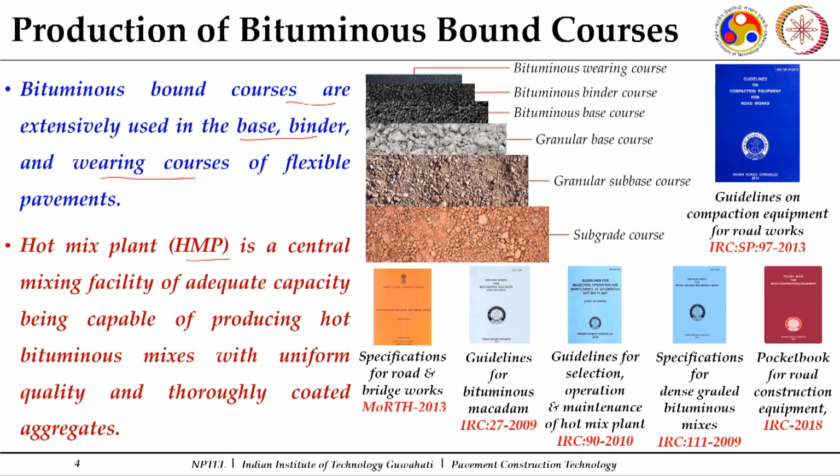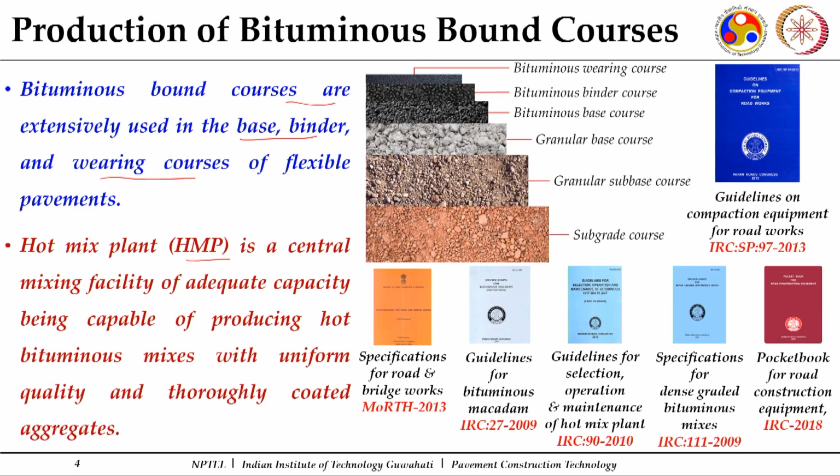Some of the key features of those hot mix plants and requirements of those hot mix plants we discussed in the previous lecture. So, it is a central mixing facility having an adequate capacity depending upon how much quantity of mix that is required in the field for a particular stretch, being capable of producing hot bituminous mixes with uniform quality and thoroughly coated aggregates.